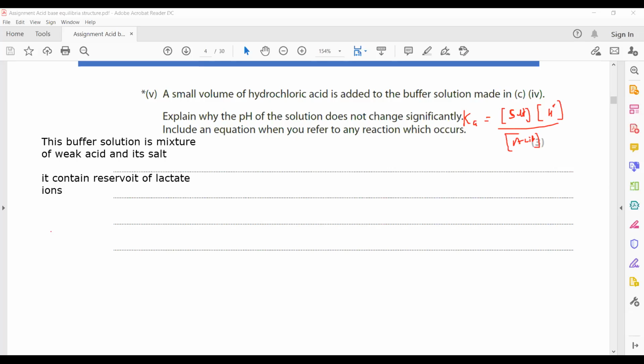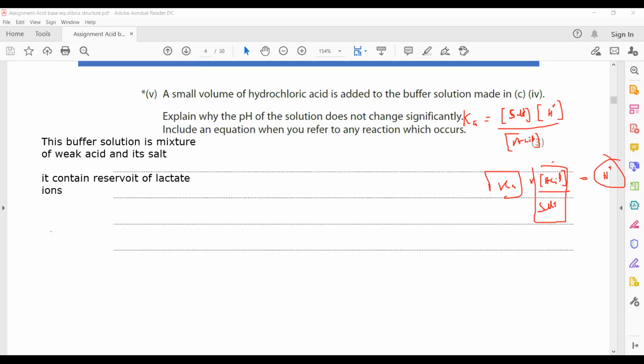So we can say Ka multiplied by acid concentration divided by salt concentration is equal to hydrogen ion. If this K is a constant, then basically if this ratio changes, the hydrogen ion changes. If hydrogen ion changes, the pH of the solution will also change.